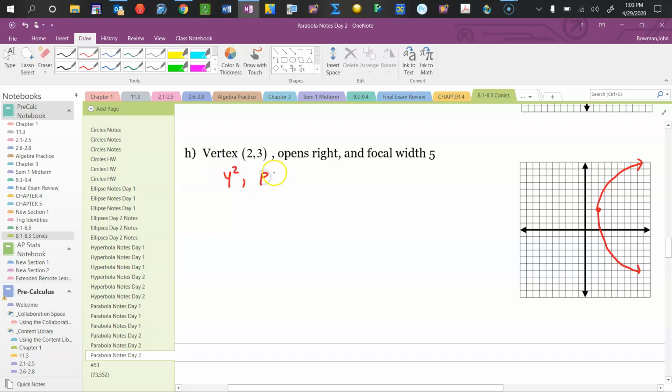We know that p is positive, and we also know that 4 times the absolute value of p is equal to 5. And since p is positive, p is equal to 5/4. All right, so our equation is going to be y minus 3 quantity squared is equal to 4p, which is 5, times x minus 2. And we're done.